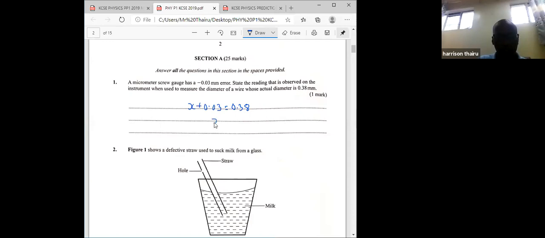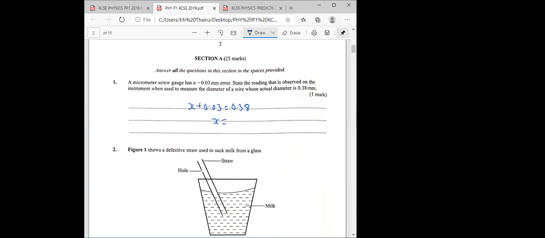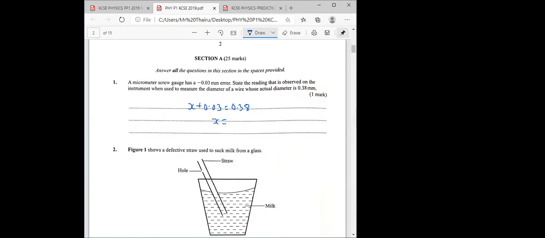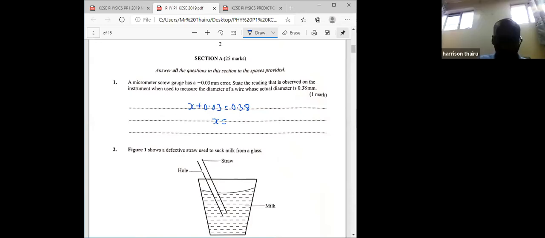Therefore, our x becomes what? Khalid, work it out. Give us the value of x. 0.35. Our answer in this case is 0.35 millimeters.